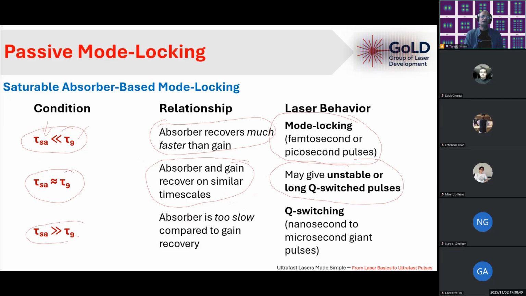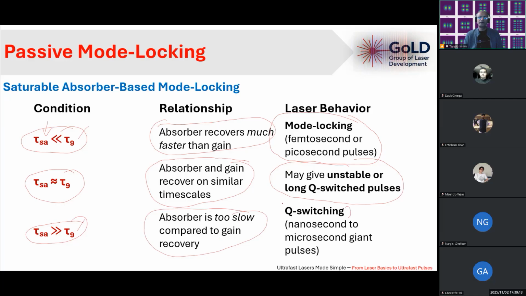Here, if you have a decay time less than the recovery time, then obviously it's Q-switched, and the absorber is slow, because the recovery time is greater than the decay time.